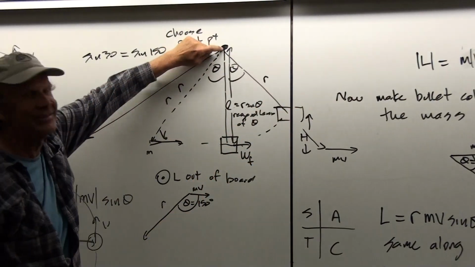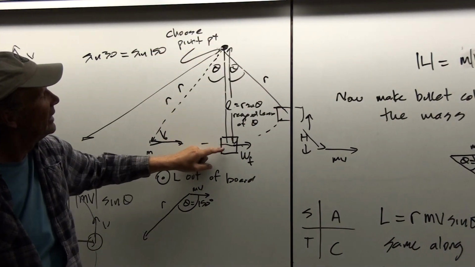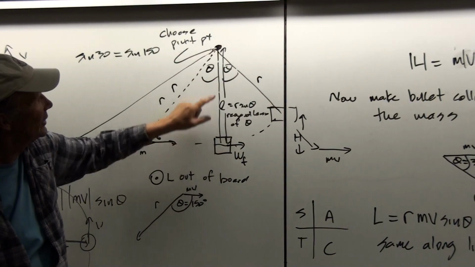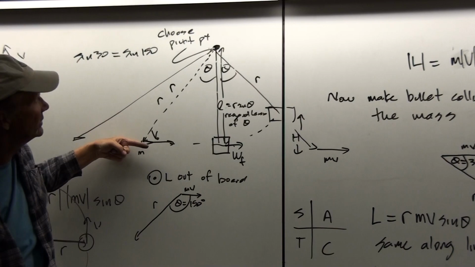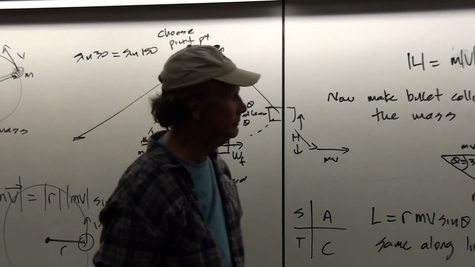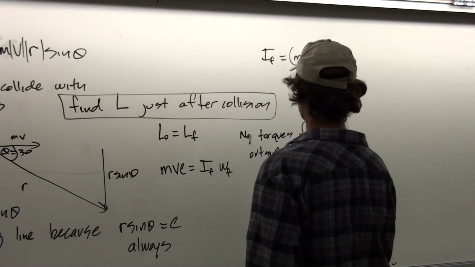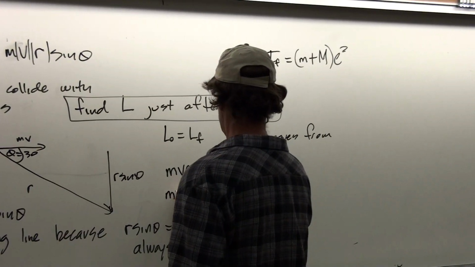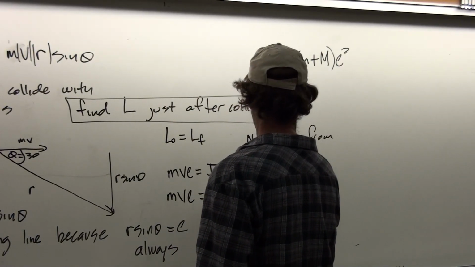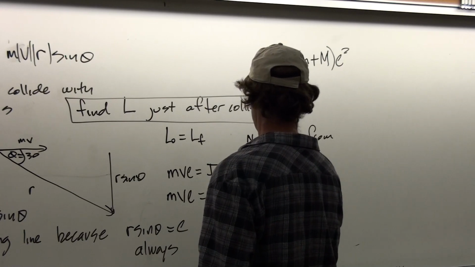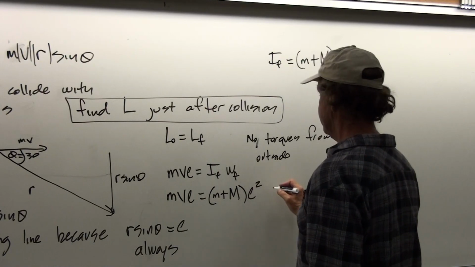And so now we see why we chose this pivot point, because this thing is going to start to swing about that pivot point. So we want the angular momentum of this component to be consistent with our definition for the angular momentum of this mass as it's moving in to strike it. Okay, so mvl equals I final omega final, and so little mvl is equal to little m plus big M times L squared times omega final.